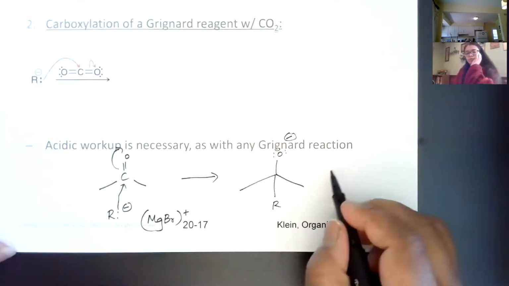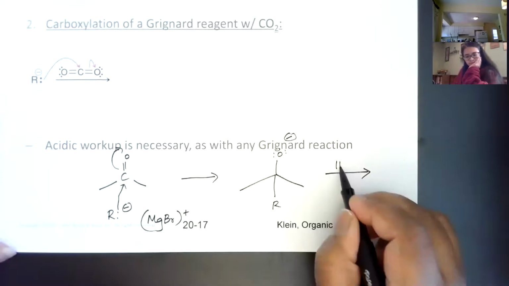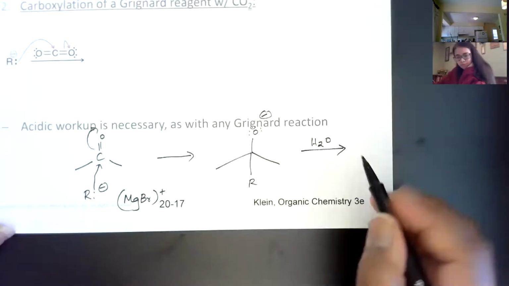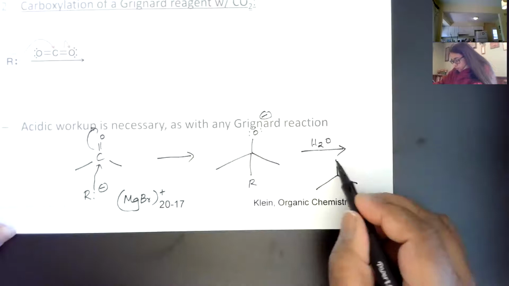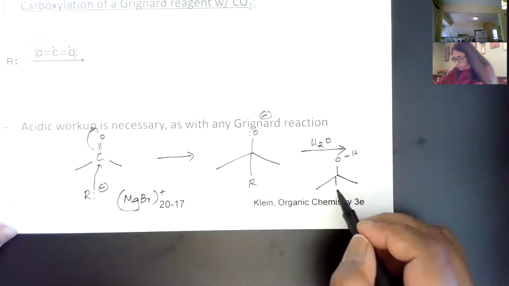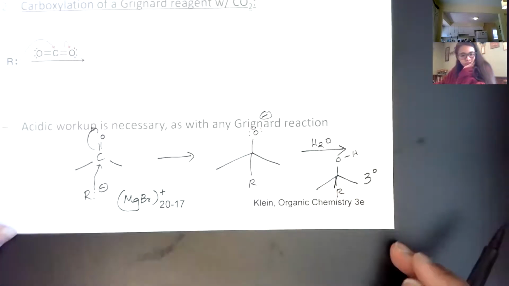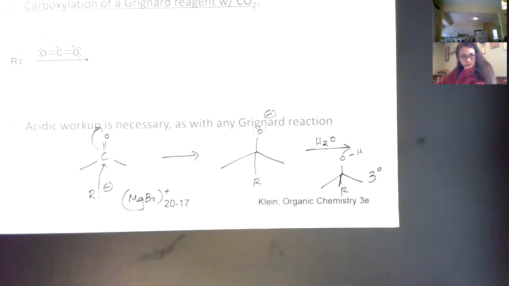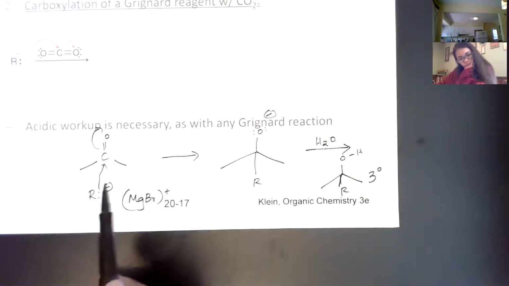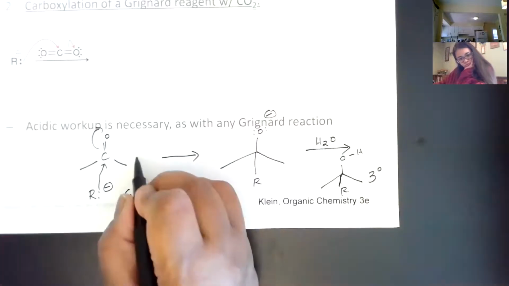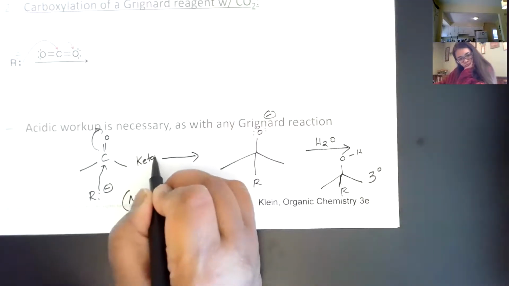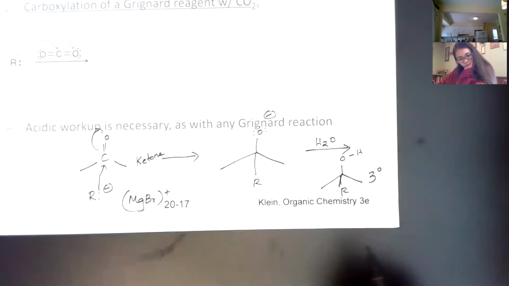And then you add, and you get a tertiary alcohol, right? So this is a Grignard reaction that you're familiar with. So if you need a tertiary alcohol, you use a ketone. Ketone gives you tertiary alcohol.